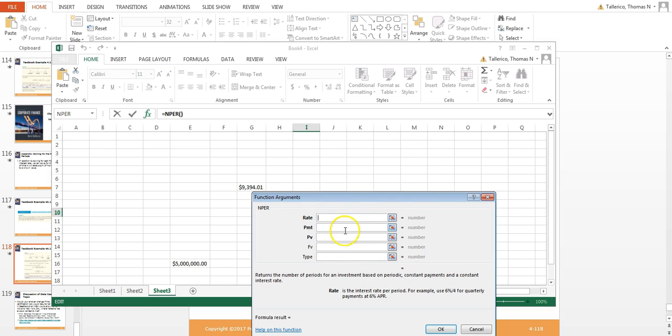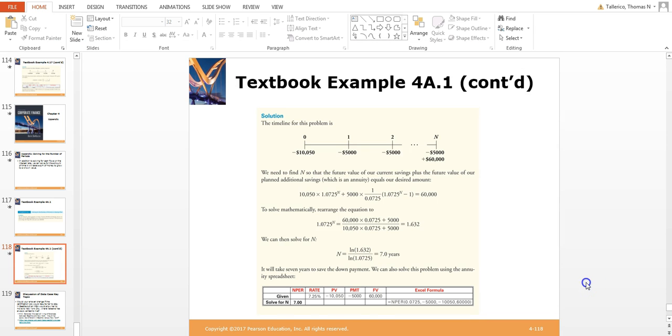We just pop all the numbers here, and we'll get the number of periods. And you see what it says here: it returns the number of periods for an investment based on periodic constant payments and a constant interest rate. So again, that's in Excel, so we don't have to worry about that. The only ones we have to worry about equation-wise are the growth payments, and I wouldn't give that too much consideration.